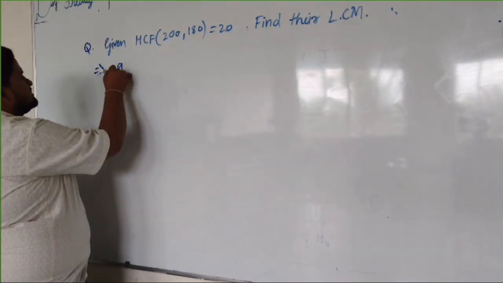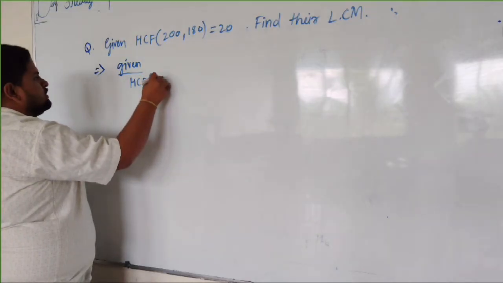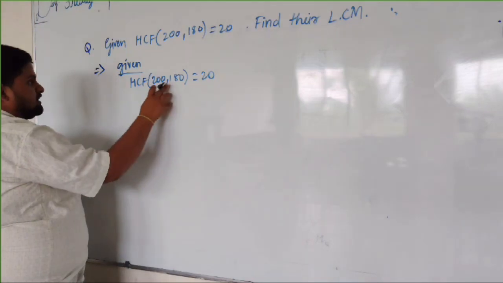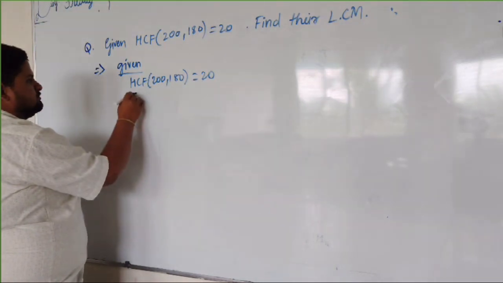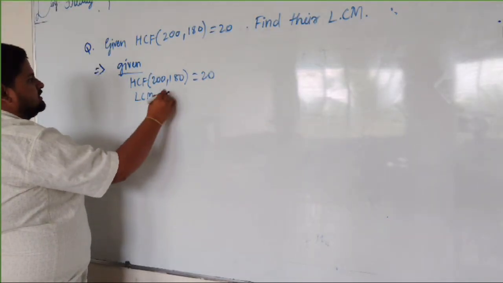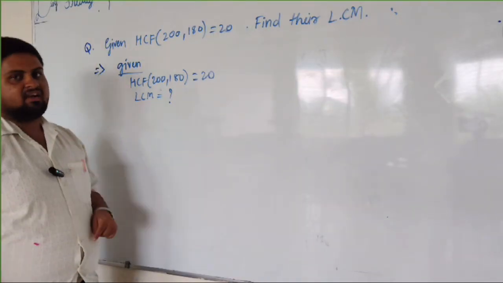Okay, so look here. What is given in the question? They have given HCF of 200 and 180 is 20. So there are two numbers A and B, 200 and 180. Their HCF is 20. We have to find the LCM of these numbers. Let us use the relation between HCF and LCM we have studied in the previous video.